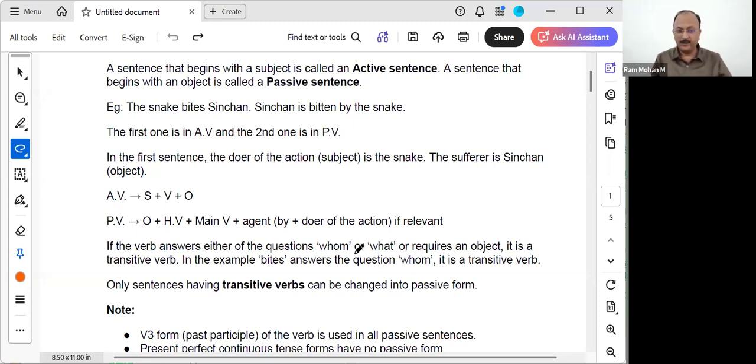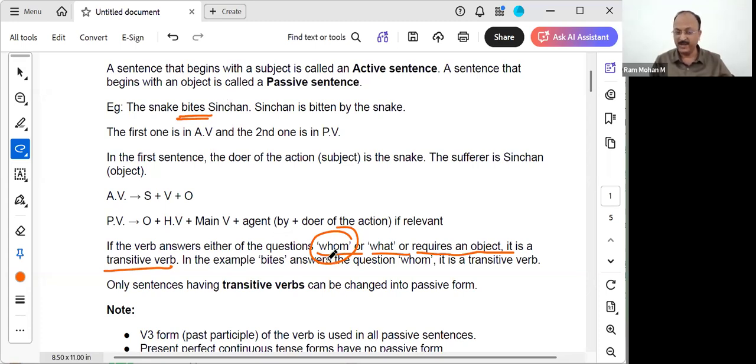That means if the verb answers either of the questions, whom or what, or requires an object, then it is called a transitive verb. In the above example, the snake bites Sinchan. Bites, what is it answering? It is answering whom. Who does the snake bite? The snake bites Sinchan. Correct, no?